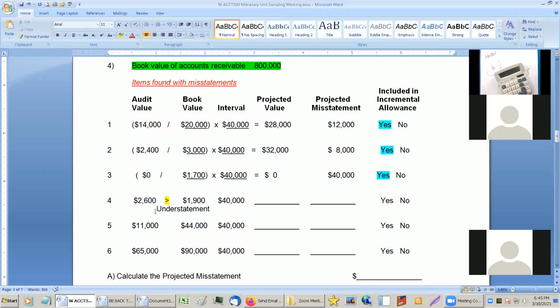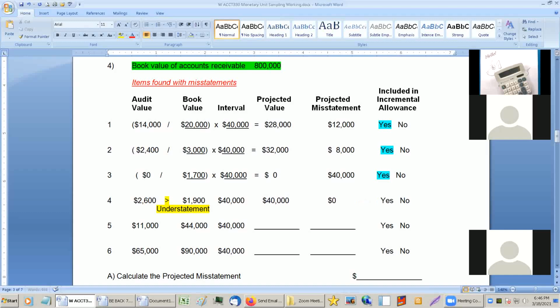Because it's an understatement, they have it on the books at 1,900. We will look at it as worth 2,600. They've understated it by 700. In that case, we say everything is okay. We ignore it. The projected misstatement is 0.